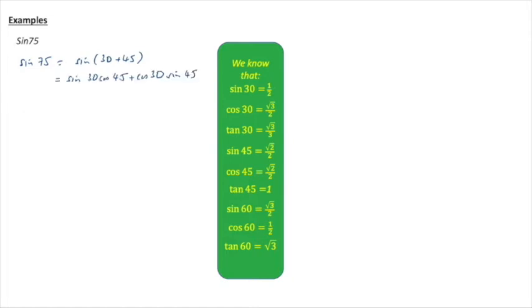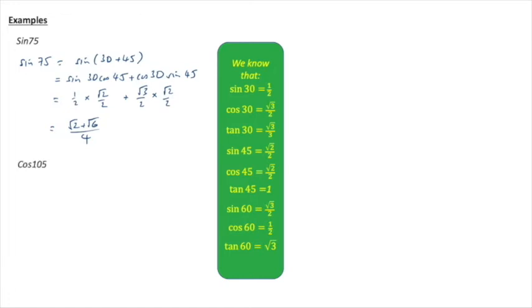We can now split sine 30 plus 45 into sine 30 cos 45 plus cos 30 sine 45, and then we can take the fractions from our green and yellow table in the middle there, and that means we have a half times root 2 over 2 for the first part of this, and root 3 over 2 times root 2 over 2 for the second part. And if we tidy that up, we get root 2 plus root 6 all over 4.